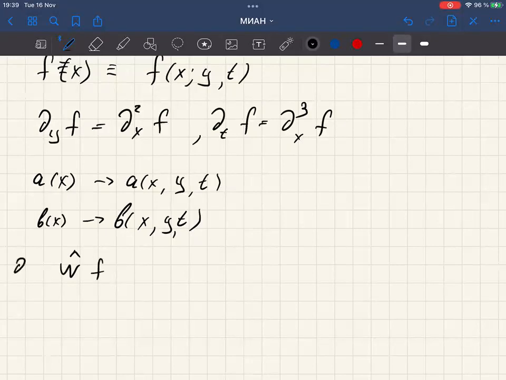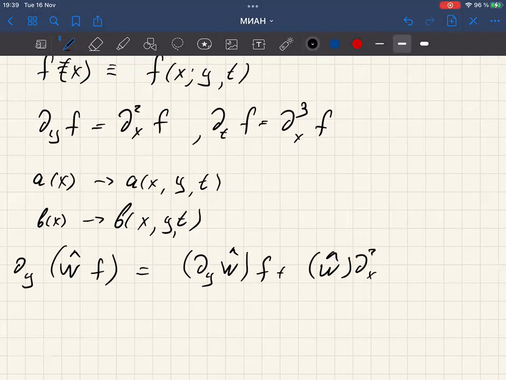the f, for example, equals f plus d square f.